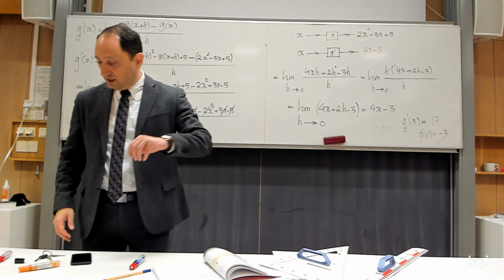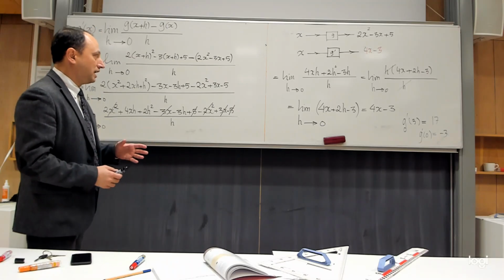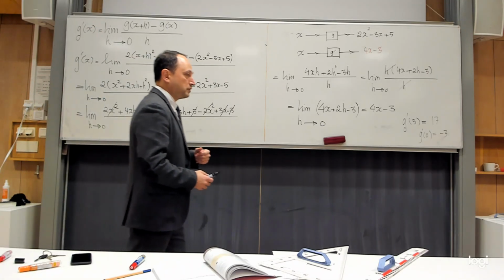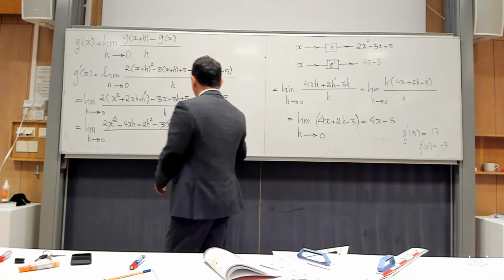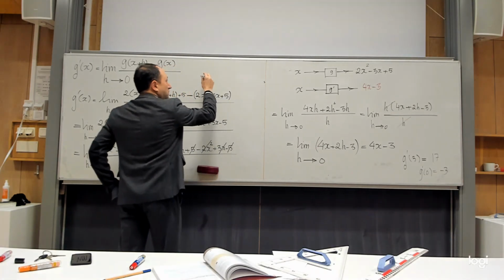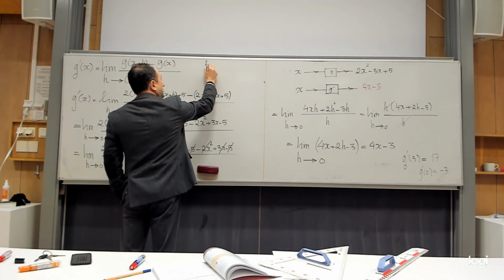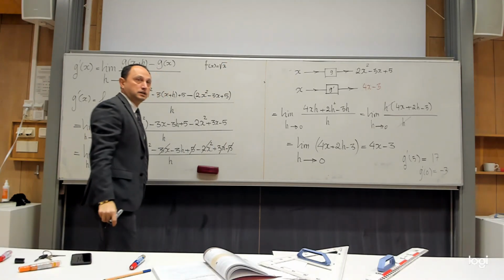But before leaving this lesson, I want to write 2 examples here. That is a little bit challenging, but I want you to solve it if possible, okay? Of course, I will teach you this. I don't expect you to be able to solve that. But let me write f of x equals square root of x. Yes?